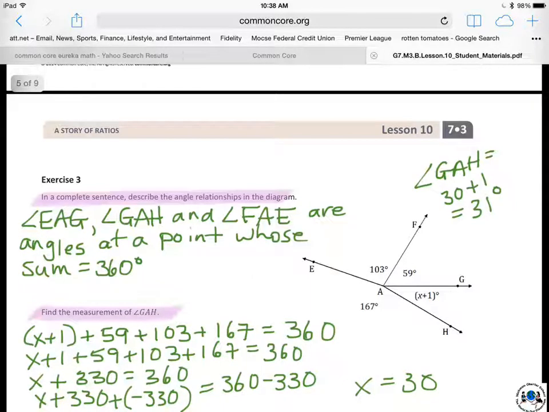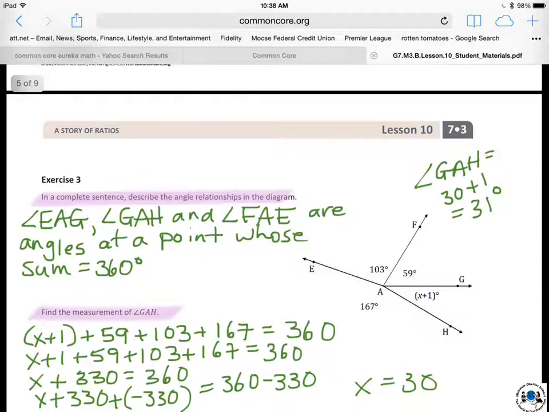Okay, so this was also angles at a point, because you see there is no actual straight line. It can be confusing sometimes, but your protractor can help you understand that is not truly a straight line there.